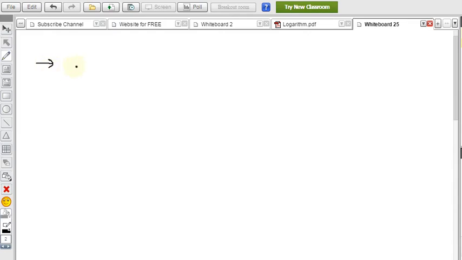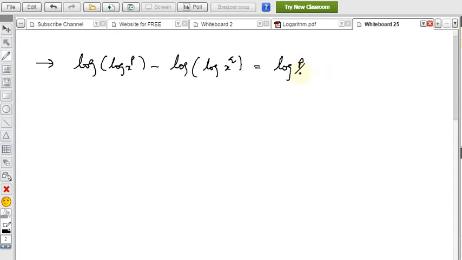Next one: log of, in the bracket, again one more log. So log of log x to the power p, minus log of log x to the power q, is equal to log p by q. So we can use the property: log a minus log b is log a by b, right?